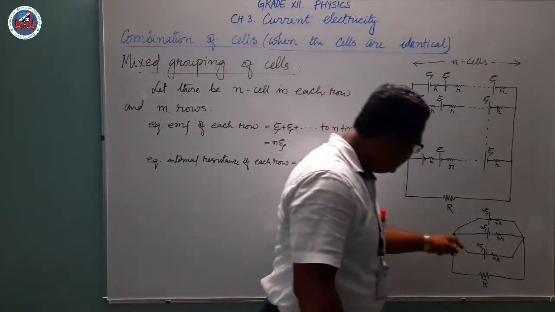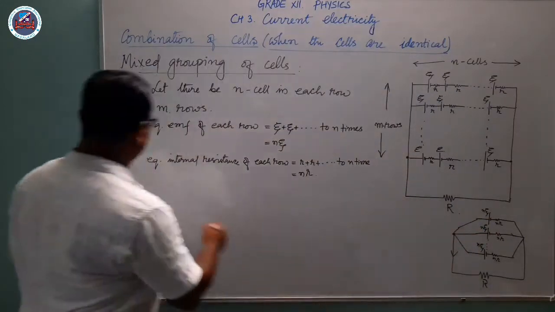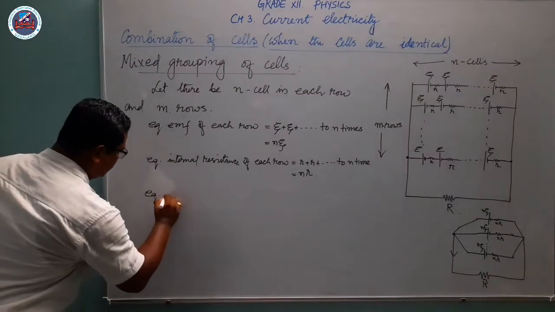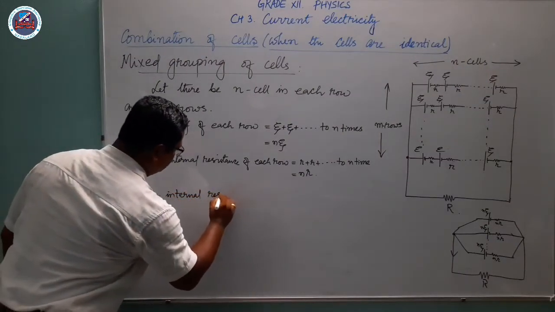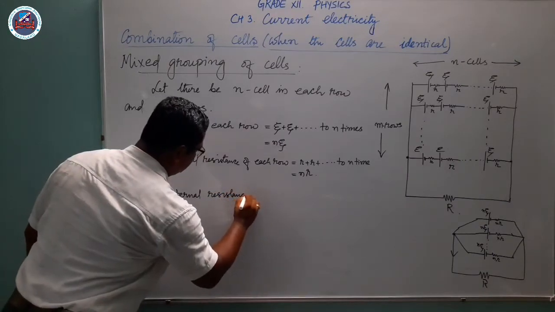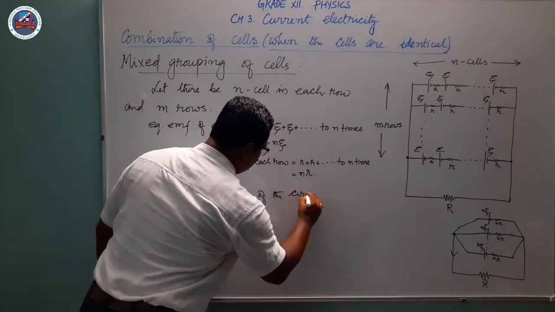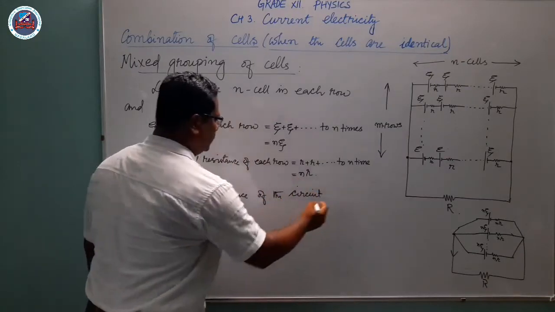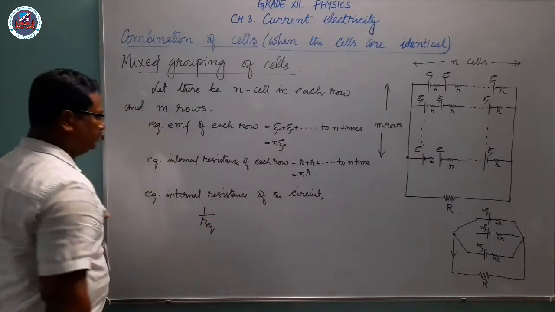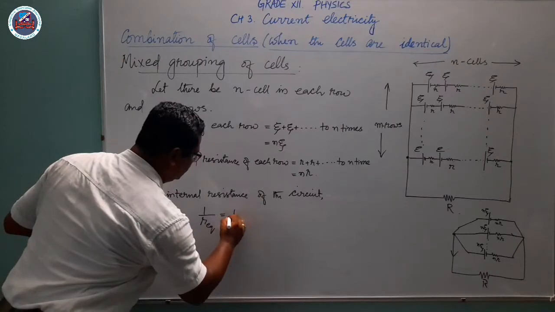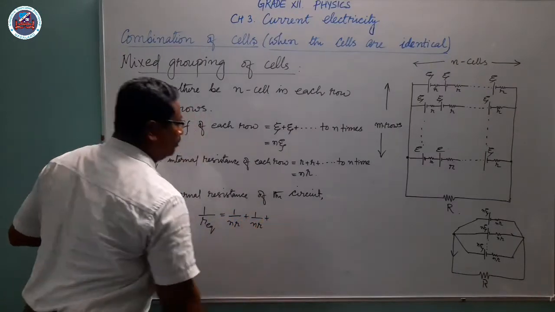So the equivalent internal resistance of the whole circuit, let us first find out. 1 by R equivalent is equal to 1 by nR plus 1 by nR, and how many rows are there?